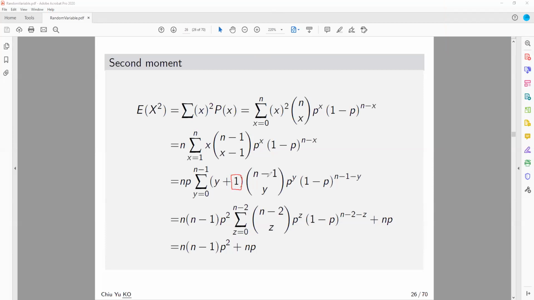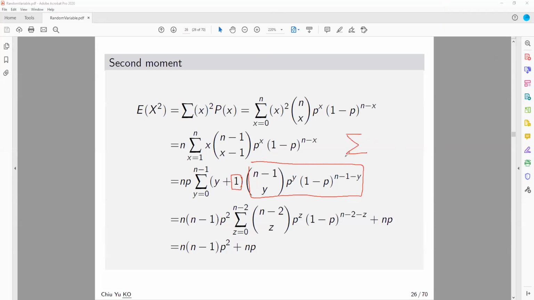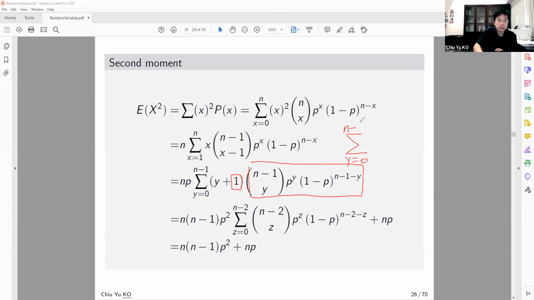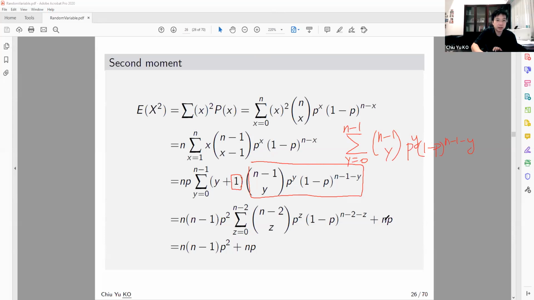So this guy, hopefully you can see the summation of this is 1, right? The summation of y equal to 0 to n minus 1 of n minus 1 choose y, p to the y, 1 minus p to the n minus 1 minus y. This is 1. Can you see that? Okay, this is 1. So that's why np times 1, this is why np is here.